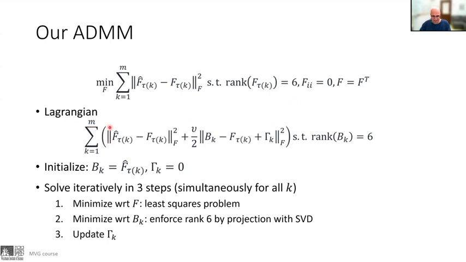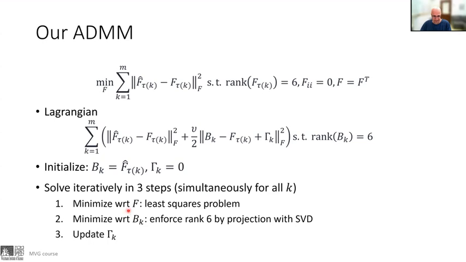Here you have the summation over all the triangles, plus this difference between this new matrix B_k and F, and this gamma. And what we want is the rank of B to be 6. So B plays the role of Y in the previous setting. B is a copy of F. Okay, we want B to be rank 6, and we want F to be close to our measurements.